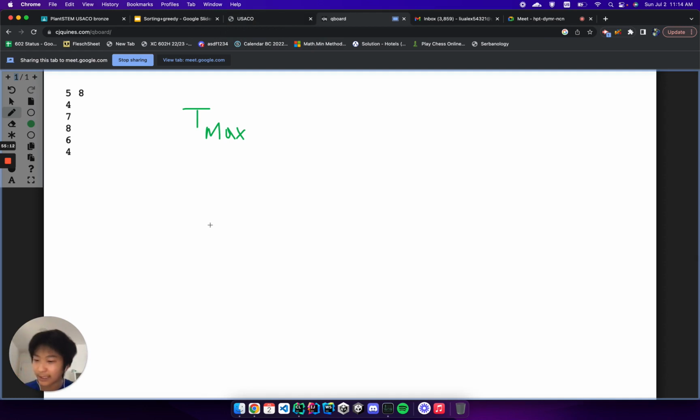Because if we have more cows on the stage at once, then it's only going to take less time, right?